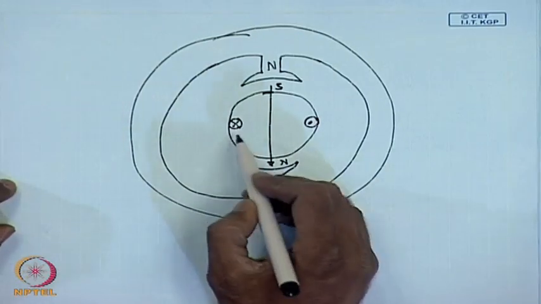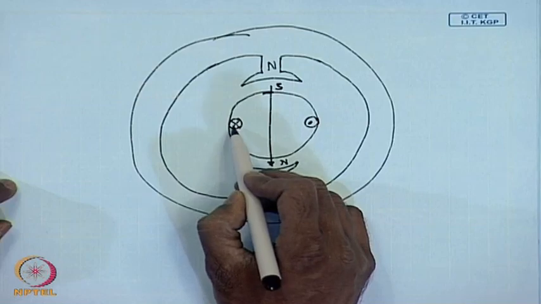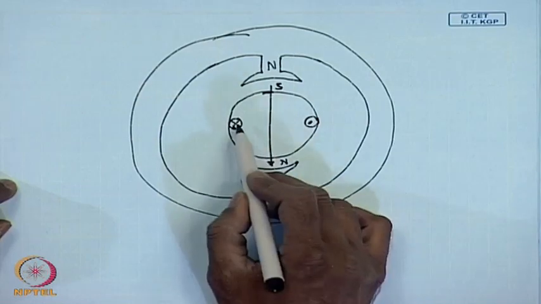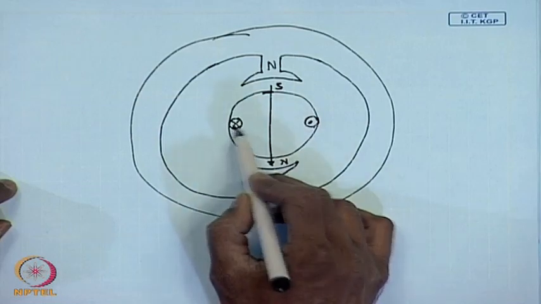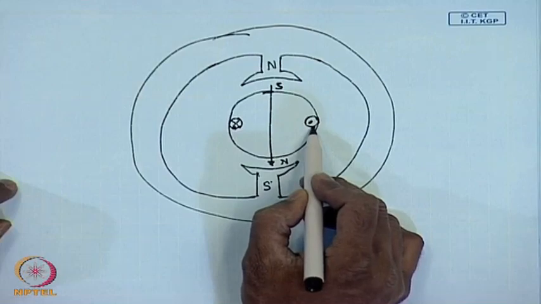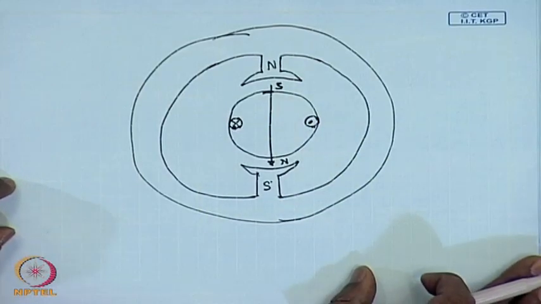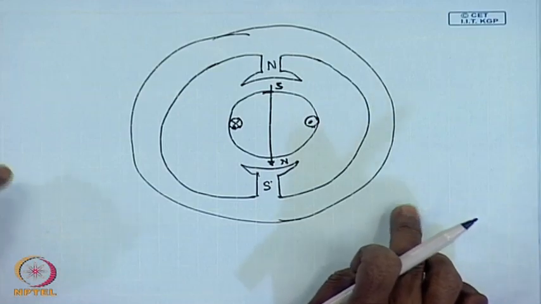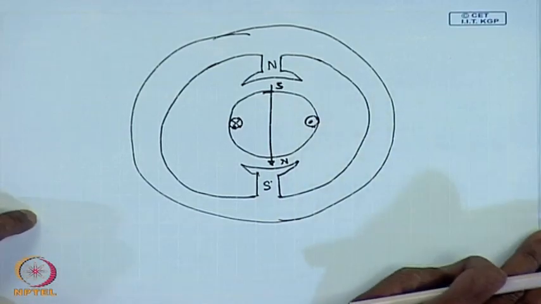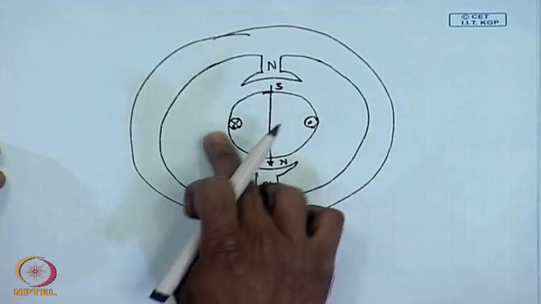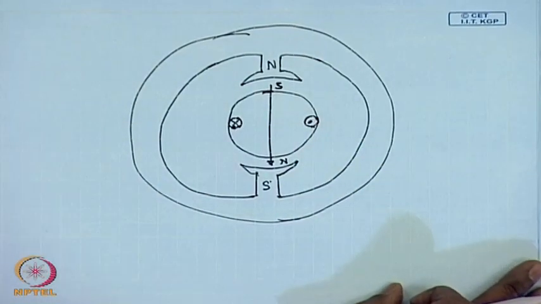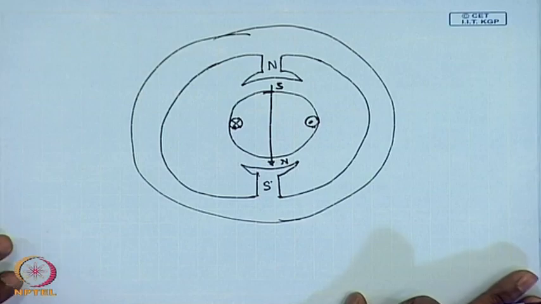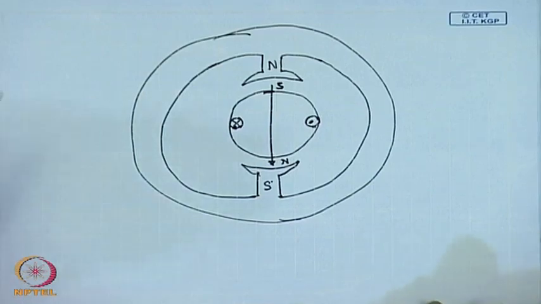That is, at this point we make this a dot and this a cross, so that the repulsive and the attractive forces continue in the same direction. The device by which this change of polarity is effected is called a commutator.